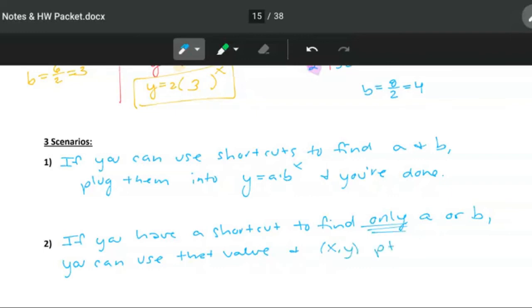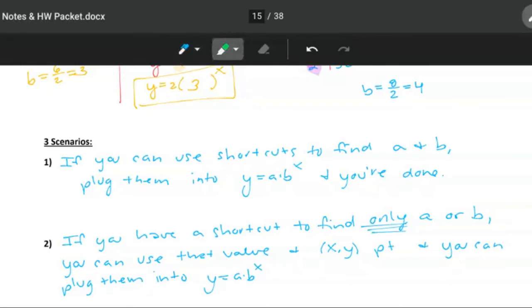They usually always give you at least one other point. And you can plug them into y equals a times b to the x.